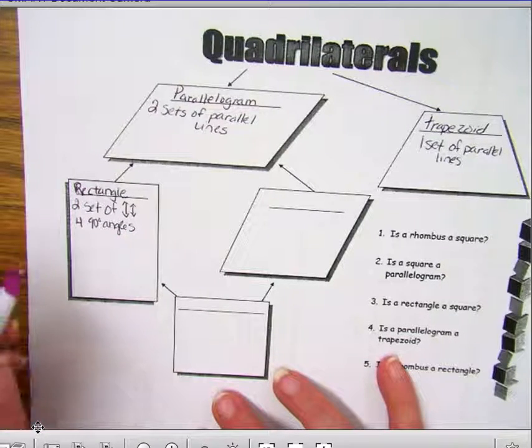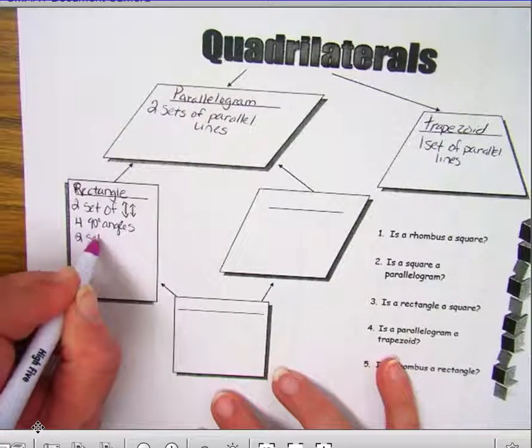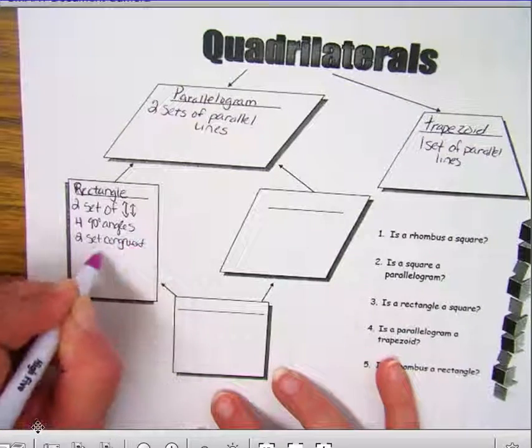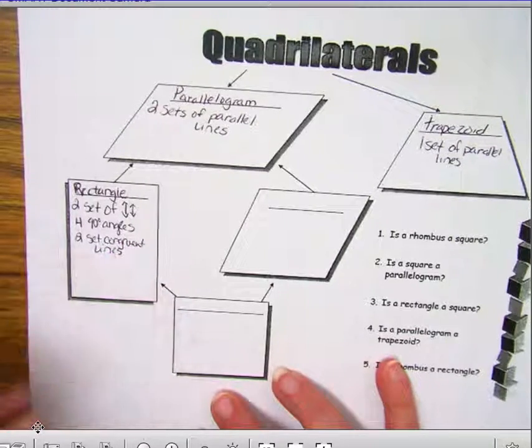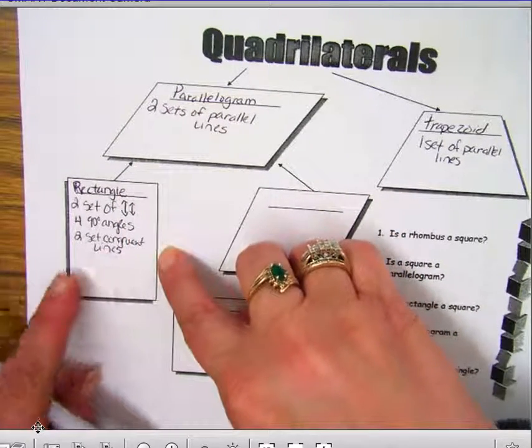All right, and two sets of congruent lines, which means these two are equal and these two are equal, but all four are not equal.